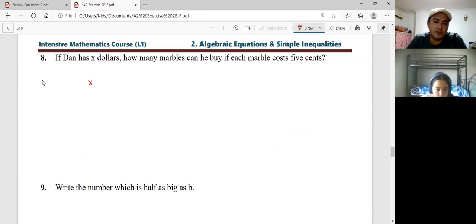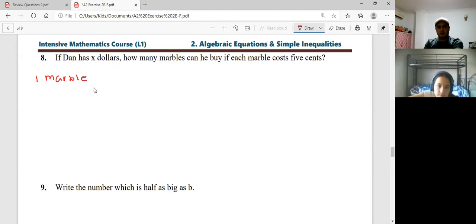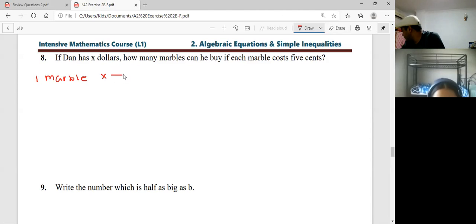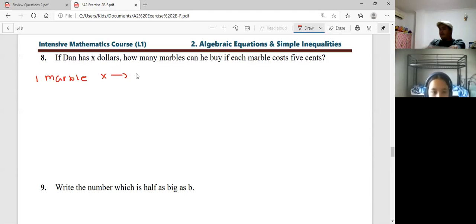Start from the left hand. We may need more space here. First, one marble, arrowhead, 5 cents, right? One marble, X, 5 cents.